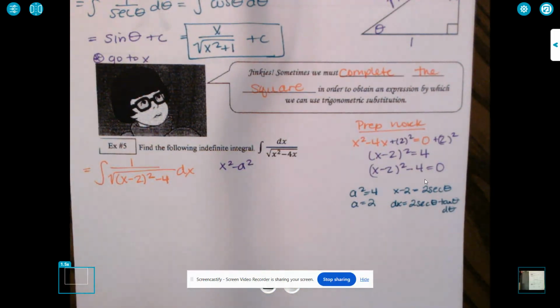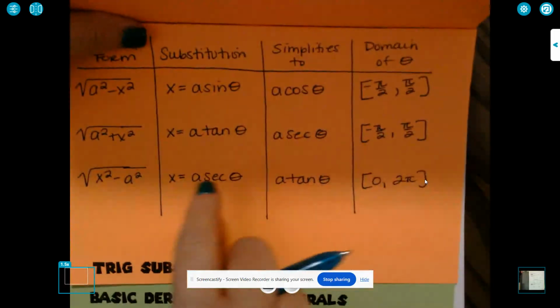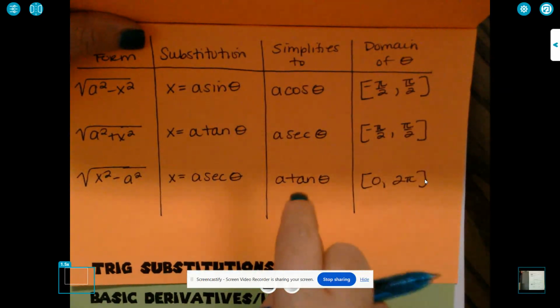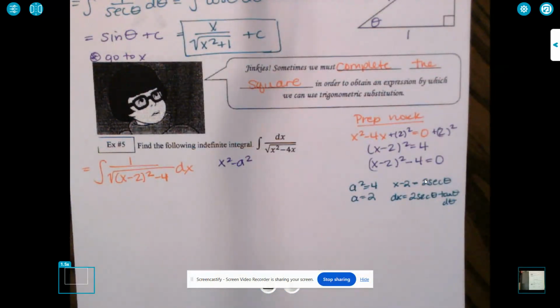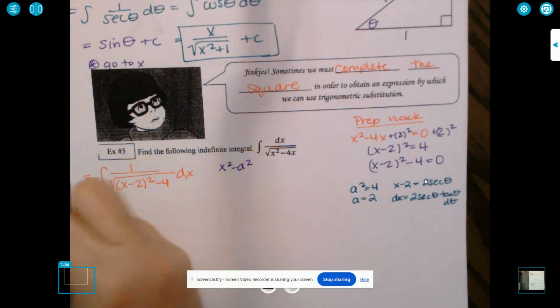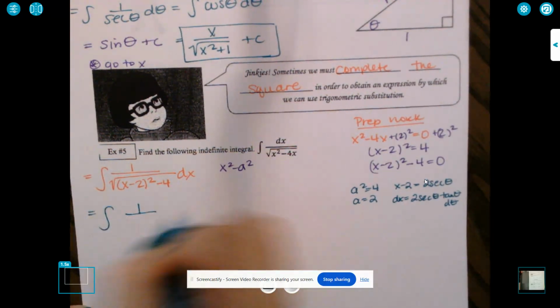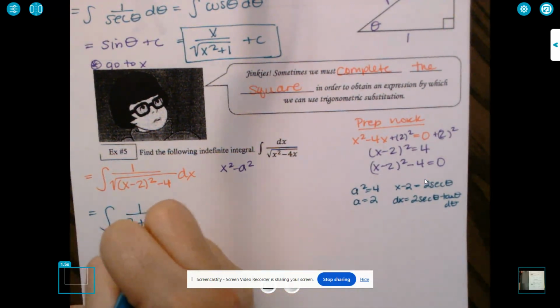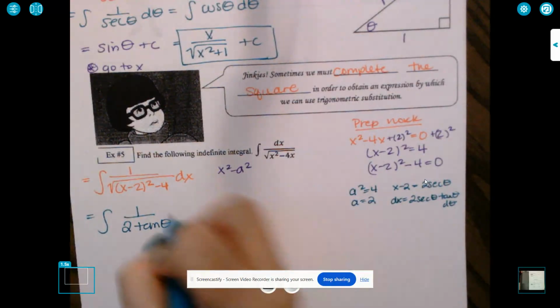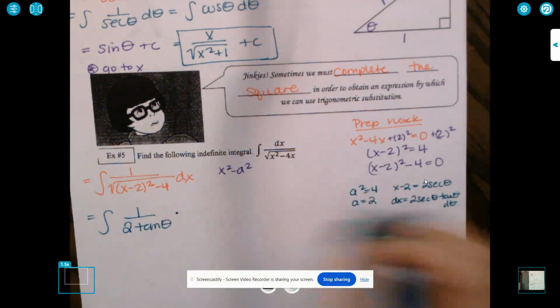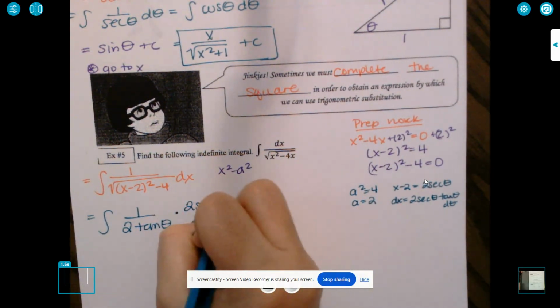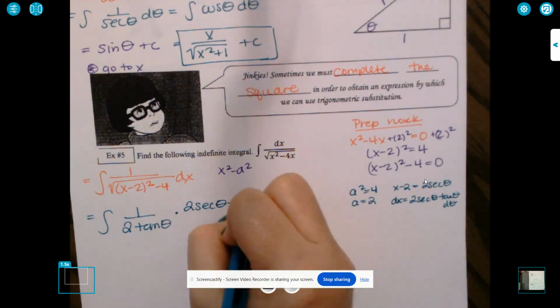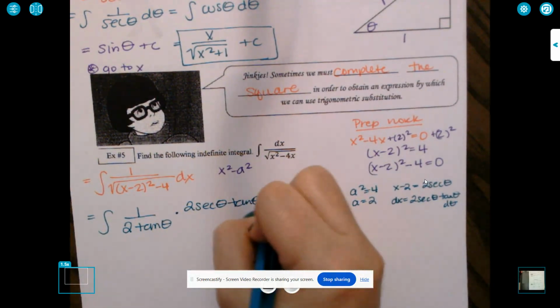But you just said, if I have this, it's going to simplify to a tangent theta. So we're just going to simplify this to 1 over 2 tangent theta times dx, which is 2 secant theta tangent theta d theta.